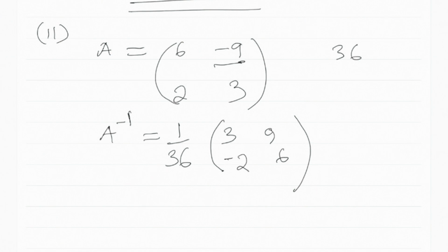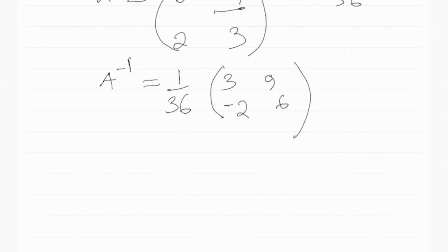Thereafter, we are going to multiply the reciprocal of the determinant, which is 1 over 36, with all the elements in the adjoint of the matrix A. So we're saying 1 over 36 multiplied by 3, by 9, by negative 2, and by 6.